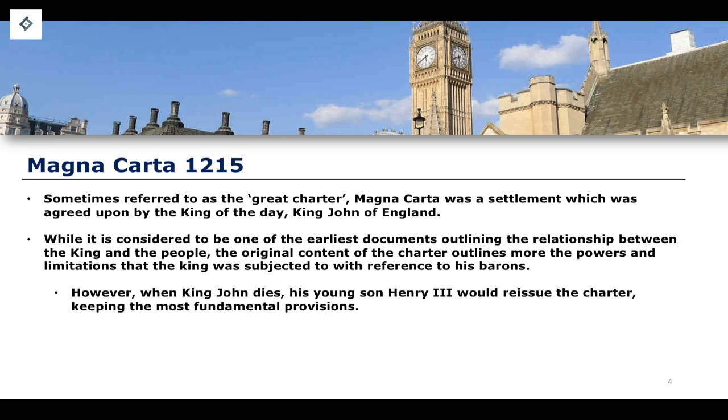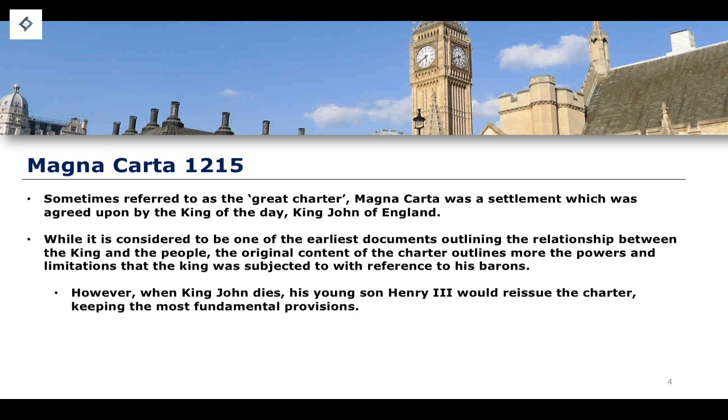Now, to this day, the provisions which were taken out and added in have changed quite significantly over the years. But since King John, the Magna Carta has been an accepted practice throughout the early period of the medieval kings within England, and continues to this day in some regards, but it is mostly considered to be a historical document.